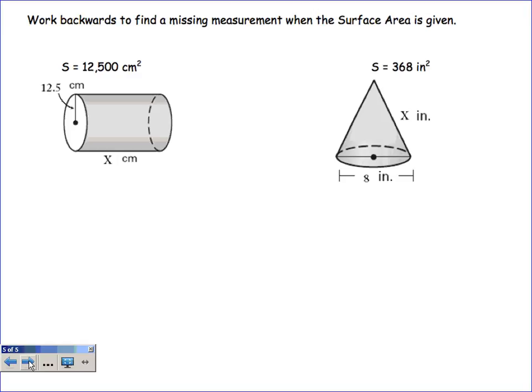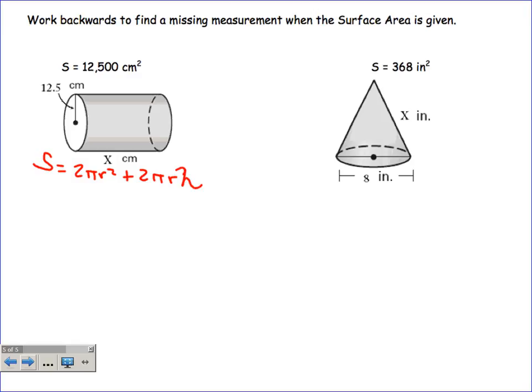It says work backwards to find the missing measurement when the surface area is given. So for me, what shape is this to start off with? Cylinder. So that's 2 pi r squared plus 2 pi r h.